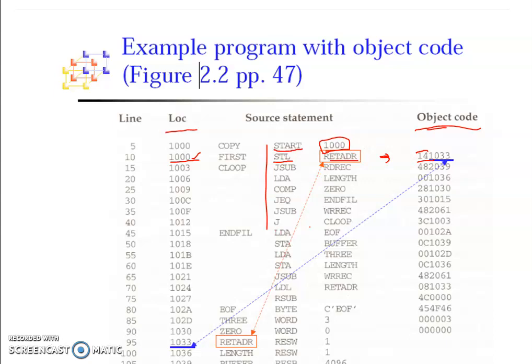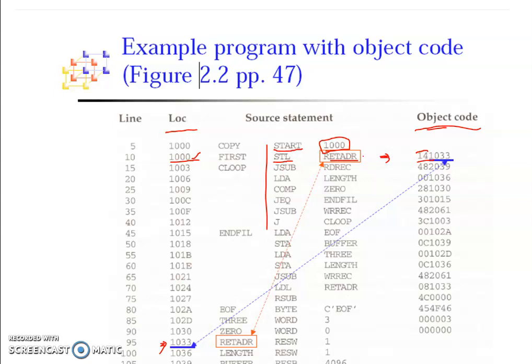Here RETADR is stored where? In 1033. Only at 1033 is this RETADR value stored, but it is being used earlier in the program itself.